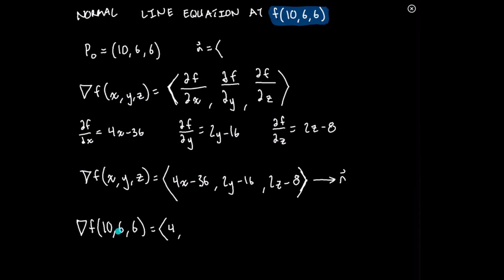Then 2 times 6 is 12 minus 16, which is just negative 4. And then we have 2 times 6 minus 8, which is just positive 4. And that is going to be our normal vector.